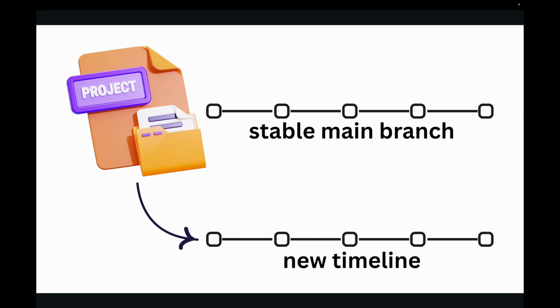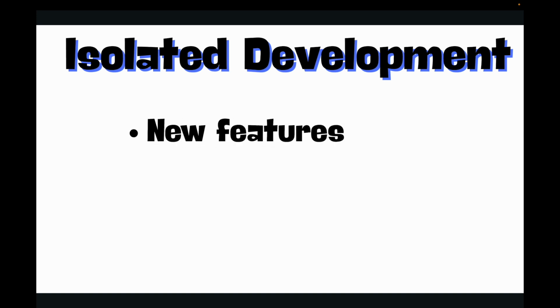Now, why are branches essential? Branches aren't just nice to have, they are absolutely fundamental to modern collaborative software development. Here's why. One is isolated development. This is the primary reason. You can work on new features, building out a completely new part of your application without impacting the stable main code base.